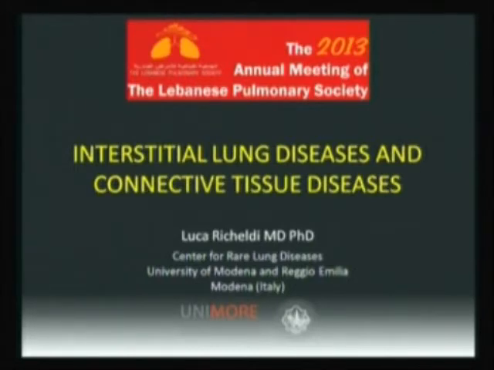So far we know that the standard treatment for rheumatoid arthritis is not impacting on ILD associated with rheumatoid arthritis. I hope that in the future there will be trials addressing patients with RA-ILD, but for the time being, I think that patients with interstitial lung disease and associated connective tissue disease are a huge challenge for us, because actually we don't know how to treat them.